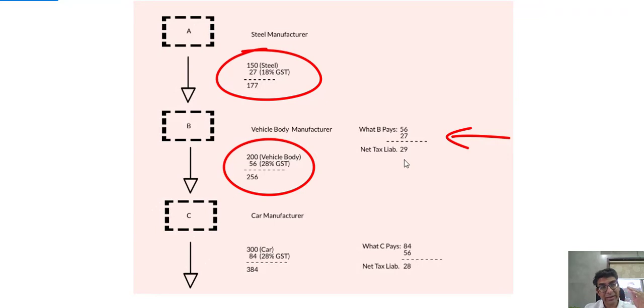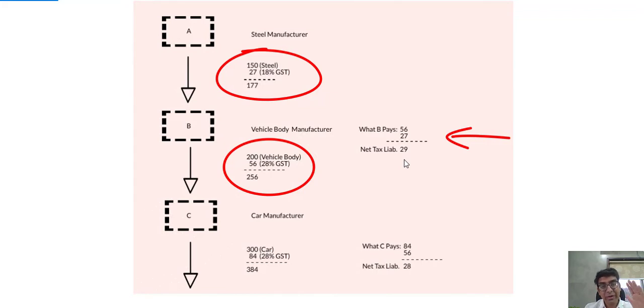So B has added about 50 rupees of value to the steel, because he bought it for 150 and is selling it for 200. Under the indirect tax system as it is today, what B has to do is only pay tax to the extent of the value addition. And one way to arrive at the value addition is to subtract the tax that he has already paid to his supplier for his inputs.